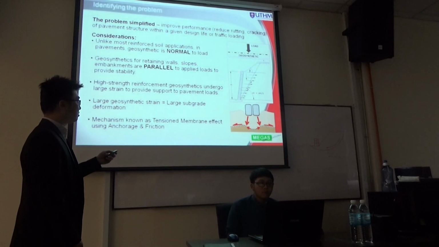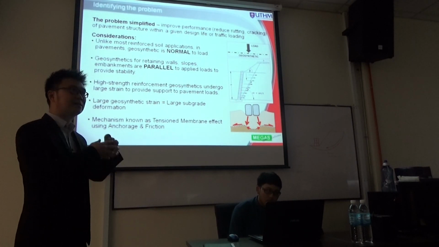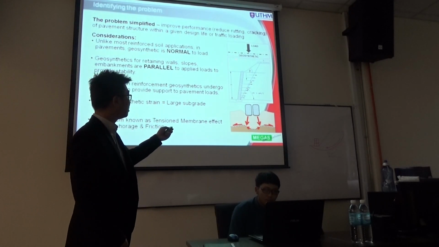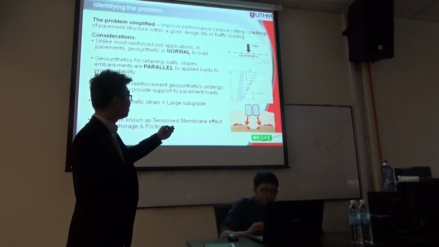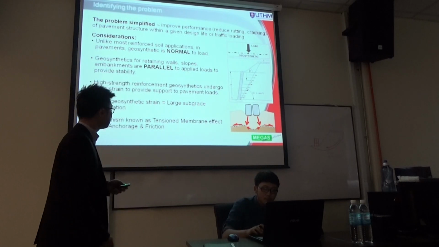So unlike a vertical structure, like for example all those retaining structures, where the loading is along the reinforcement, in this one, if you put the reinforcement or the stabilization, the loading is perpendicular to the road. Okay?